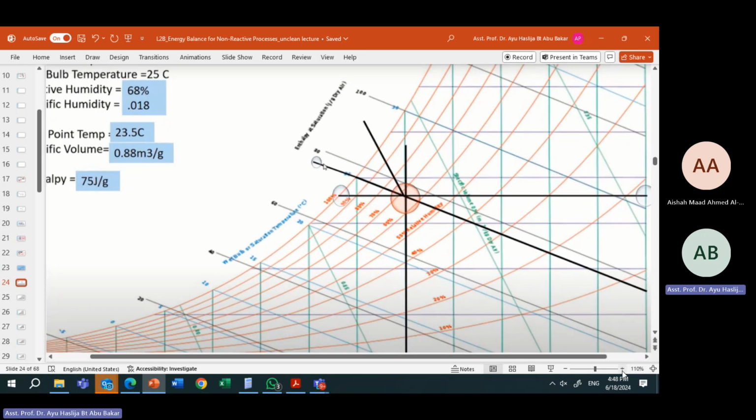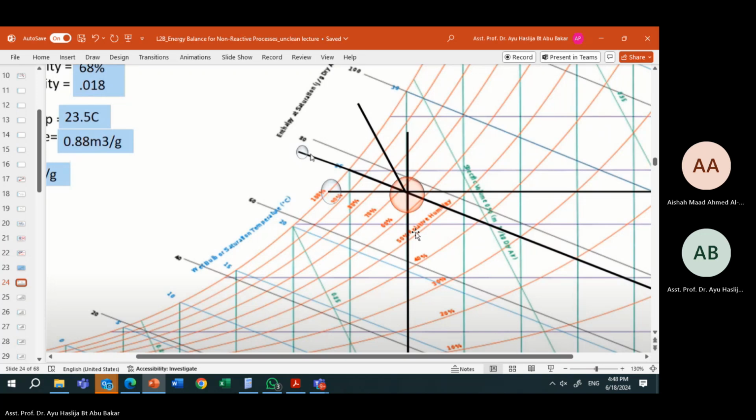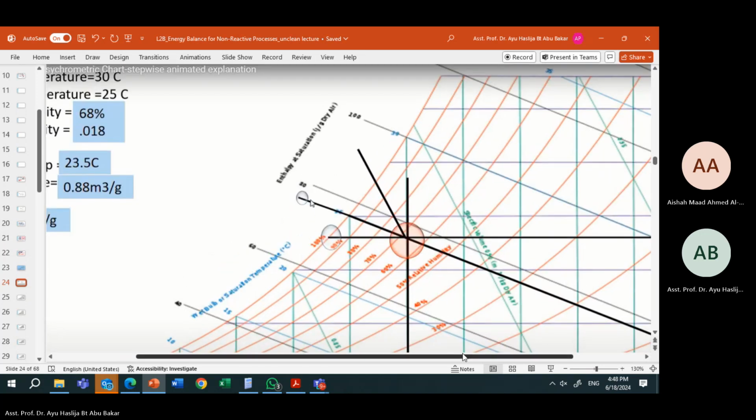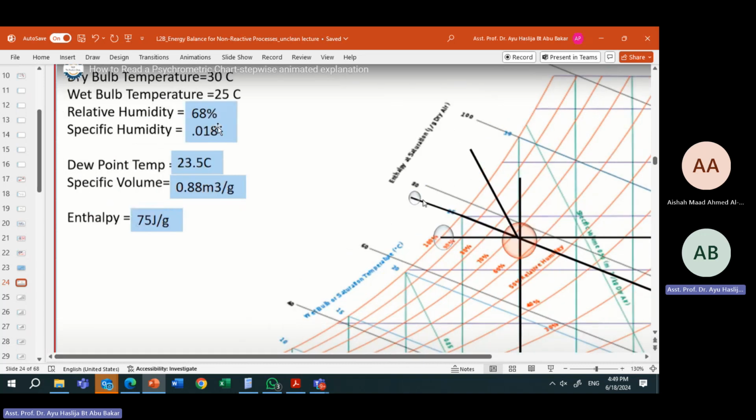Let me make it bigger. Wet bulb, 25. So this is the point. From here, you can get all these values.